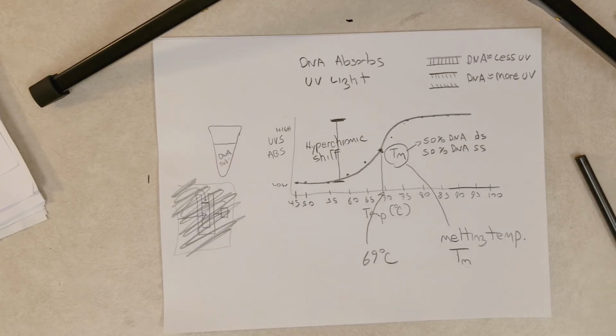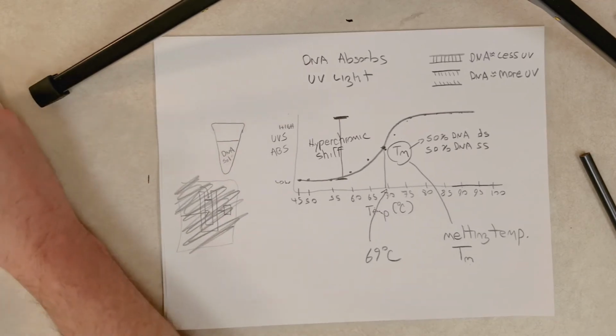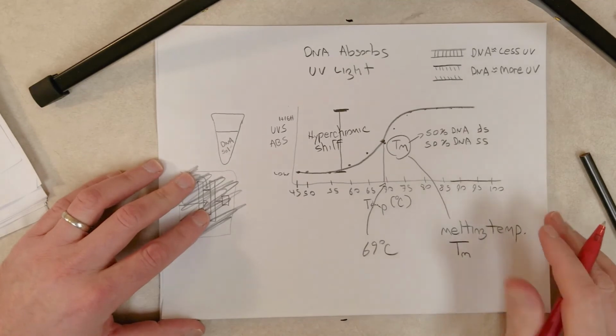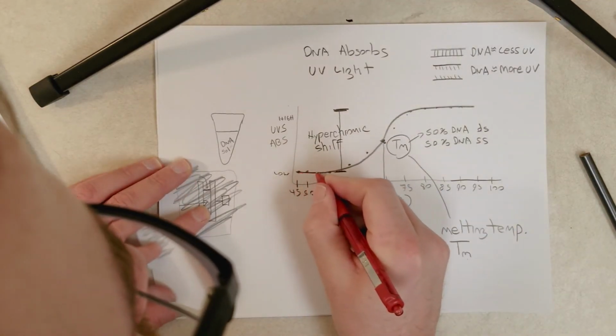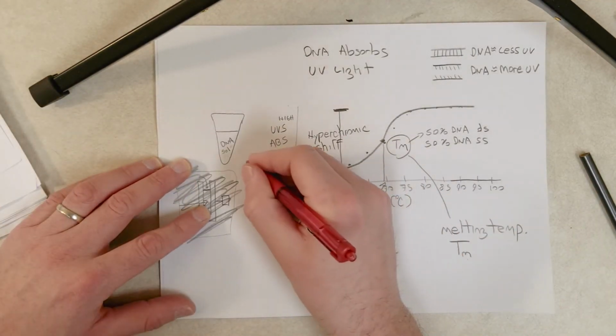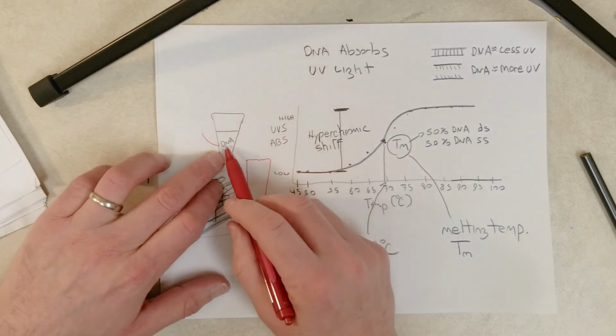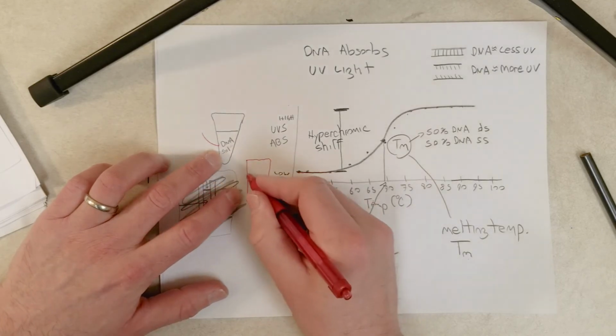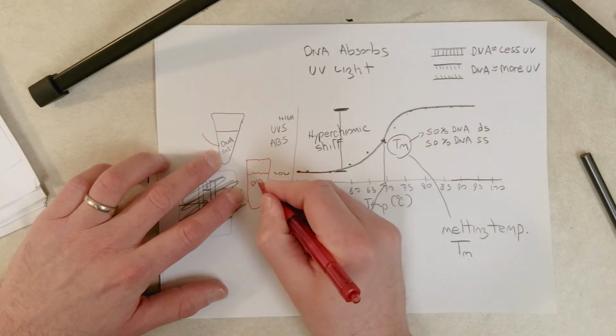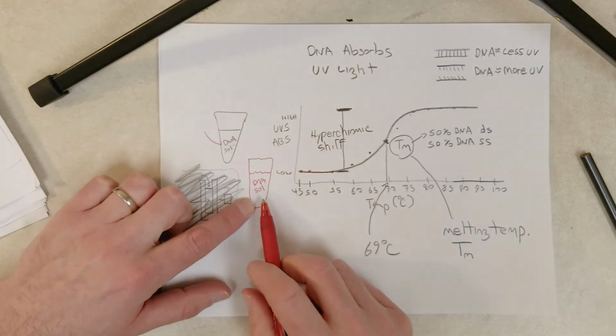Now, what if I need a different color pen? I think I have a red pen here. So let's say we have another DNA solution. Let's say this DNA solution was DNA isolated from E. coli, and this DNA solution is DNA isolated from Streptococcus.